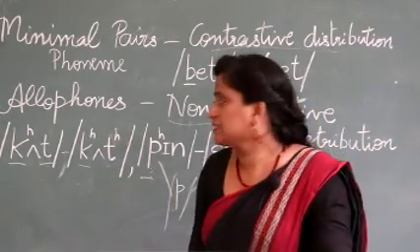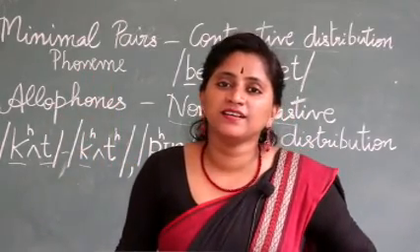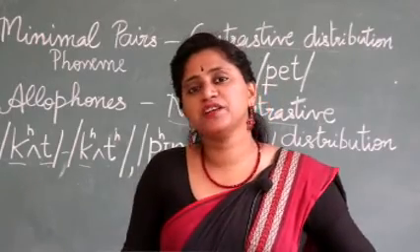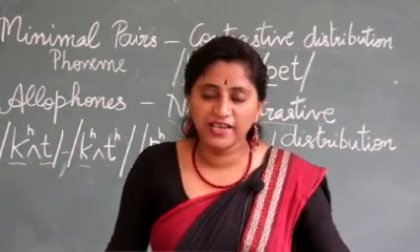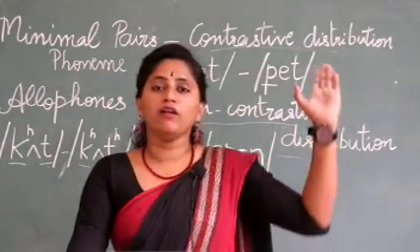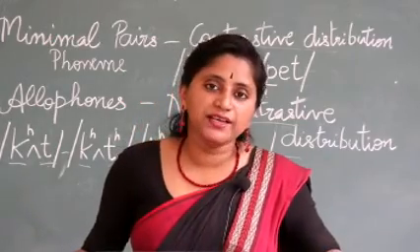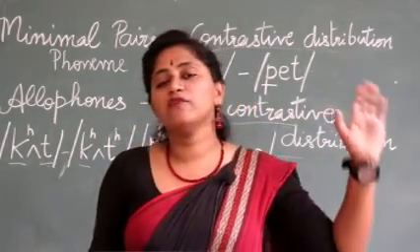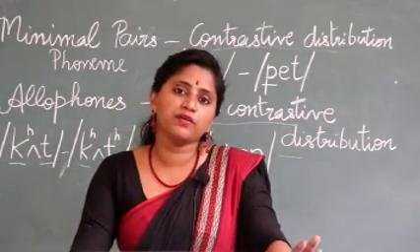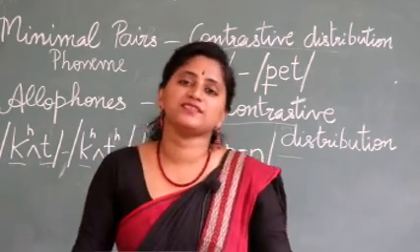That is called allophones. So what are allophones? Different concrete phonetic realization of the same phoneme. Okay, so minimal pairs are in contrastive distribution. The minimum change causes meaning difference, whereas allophones are in non-contrastive distribution. The change doesn't affect the meaning.